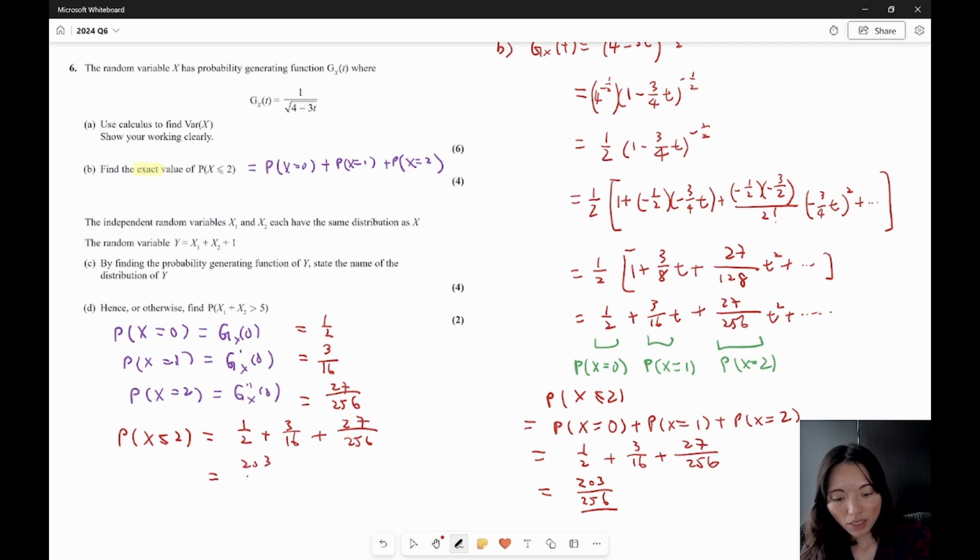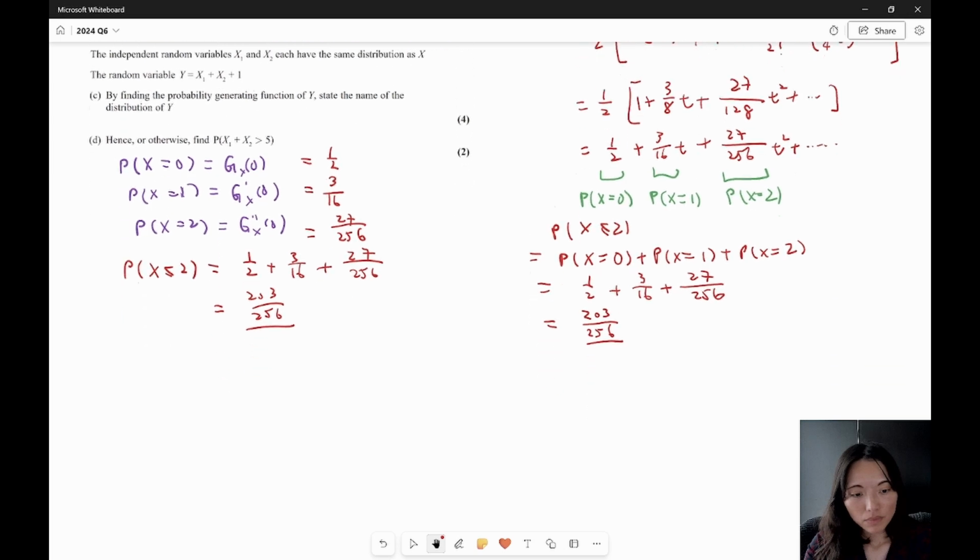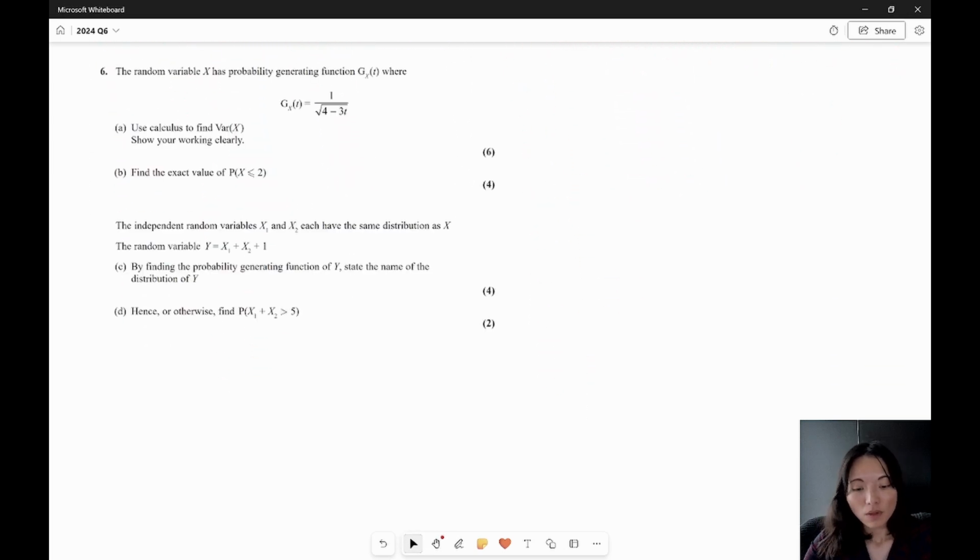Again, gives me exactly the same answer here. But we don't need to do the series expansion. So that was part B. We've got the exact value of probability of x less than or equal to 2.